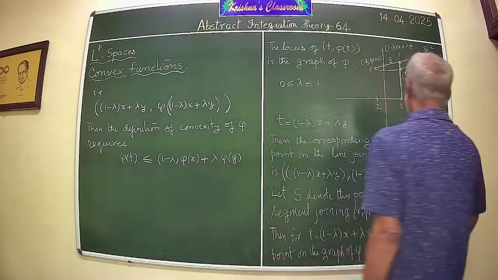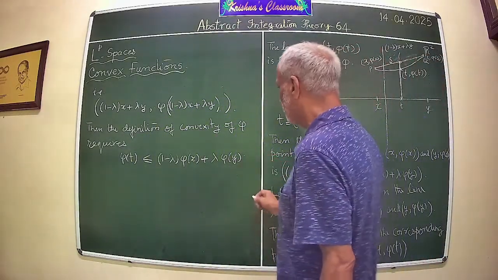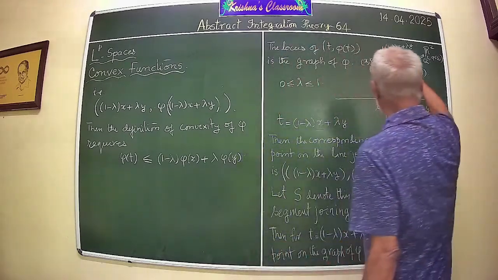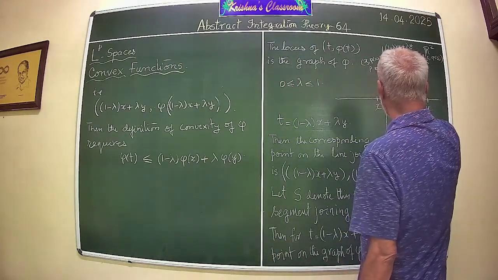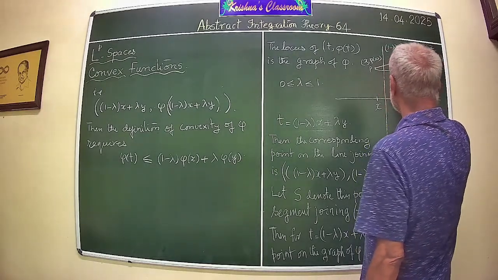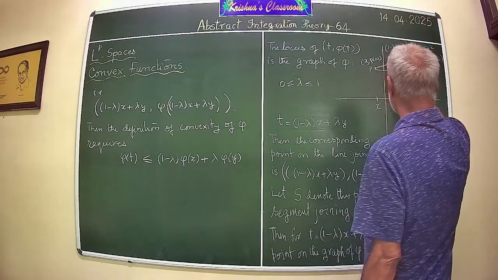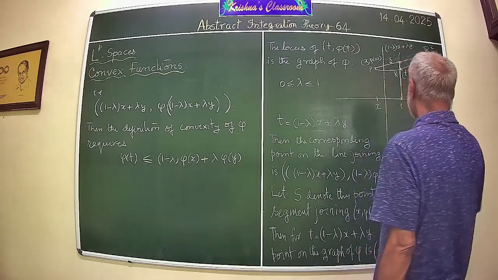Okay, geometrically what it says is that this point R, which is t, phi t, lies below the point S along the same vertical.